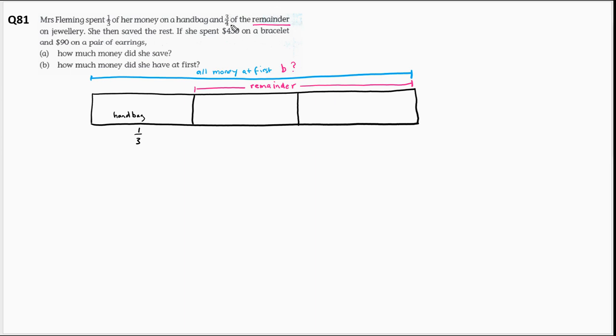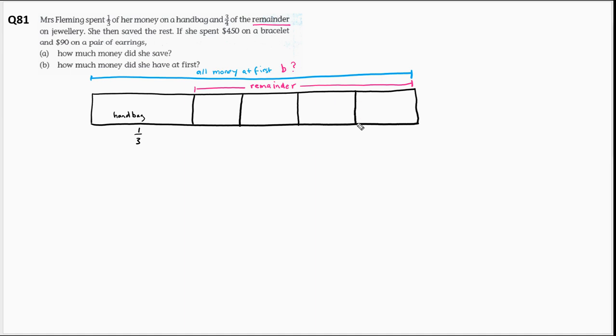So this 3/4 is 3/4 of this. Now, if we think of this as one whole bar, it's currently split into halves, so I need to split it into quarters.